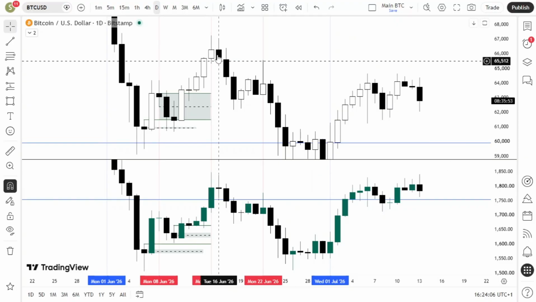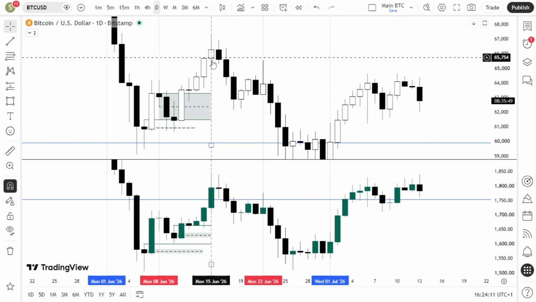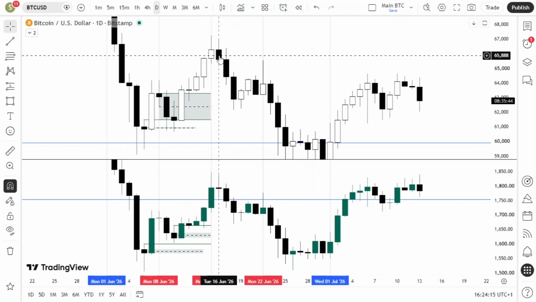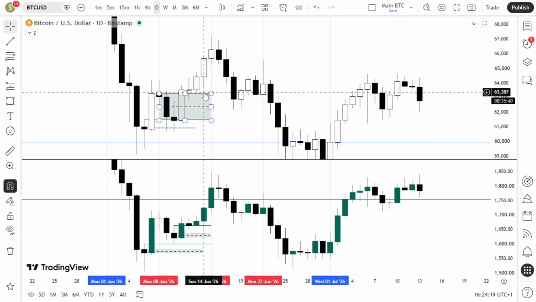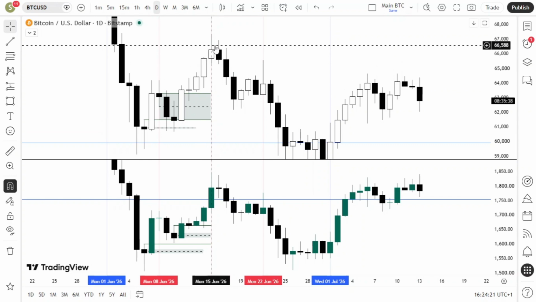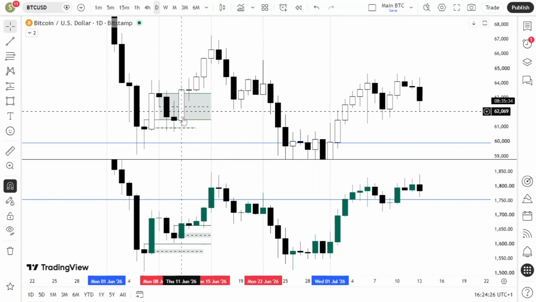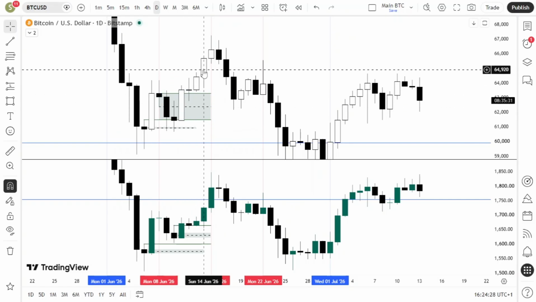Then by the close of Tuesday, we have more information. By the time Tuesday closes and leaves this bearish order block, what do we have? We have a bearish order block around the start of the week. You can mark it out. And then we have a bullish order block down here. So logically, price will want to go back into the range and into the order blocks.